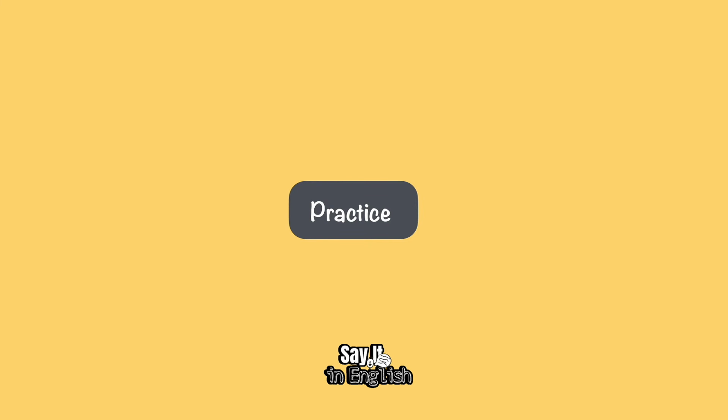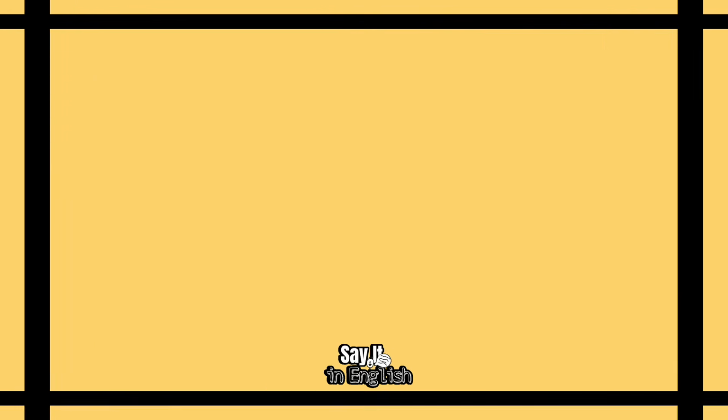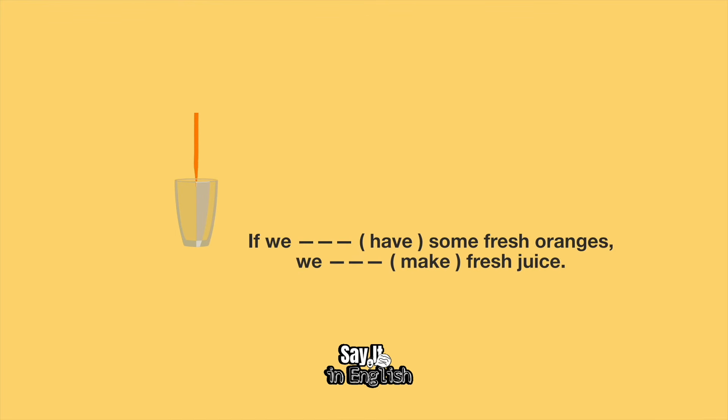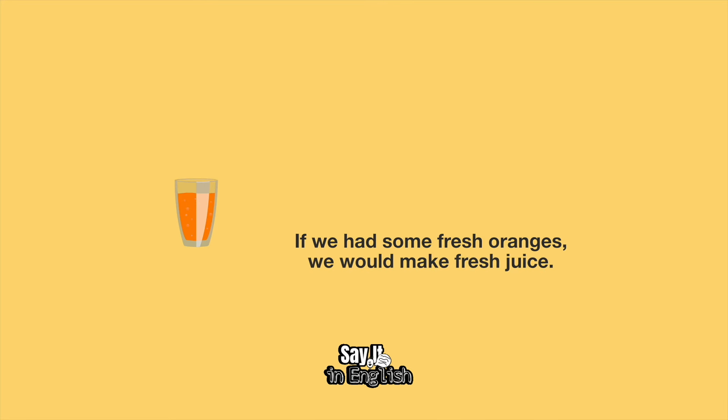Let's use the pictures to practice making second conditional sentences. If we had some fresh oranges, we would make fresh juice.